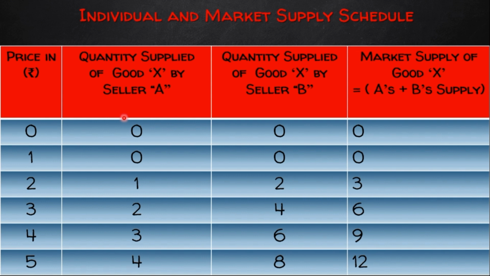In the first column, we have mentioned the price of commodity X. In the second and third columns, we have mentioned the individual supply schedules of seller A and seller B. And in the fourth column, we have mentioned the market supply schedule of commodity X. Now, the market supply schedule is the summation of seller A's and B's supply at the various prices. When we plot this data on the graph, what we get is the individual supply curves as well as the market supply curve.